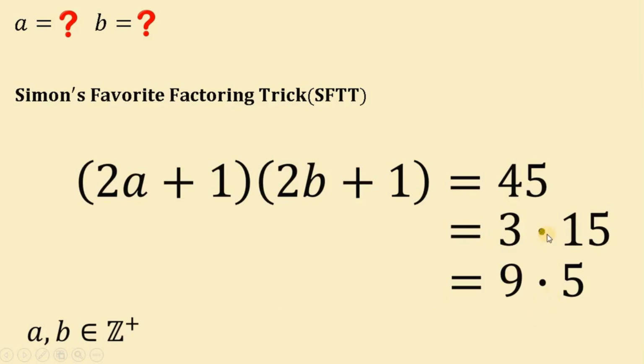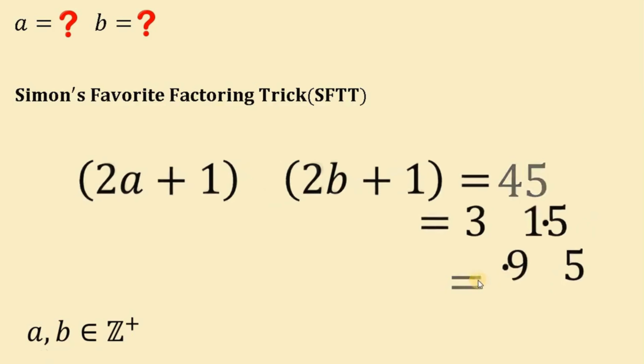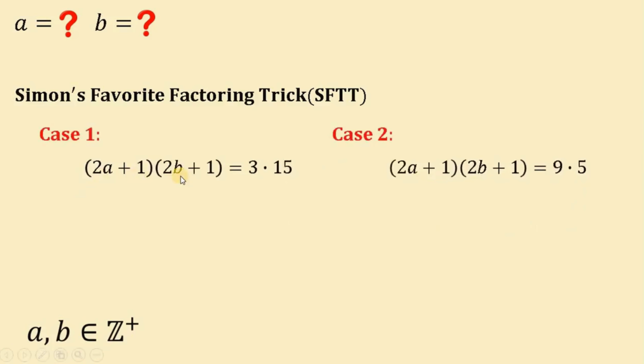So, we have only two cases here. First one is (2a plus 1) times (2b plus 1) must be equal to 3 times 15, and the other case is (2a plus 1) times (2b plus 1) equals 9 times 5. And also, we will do another case wherein this equation must be equivalent to 15 times 3 and 5 times 9.